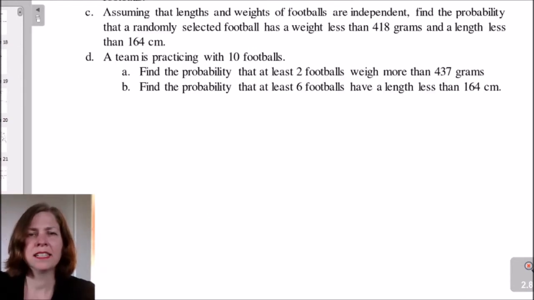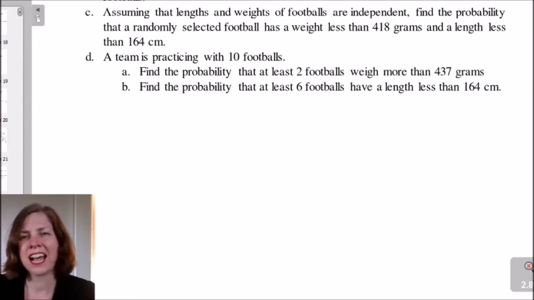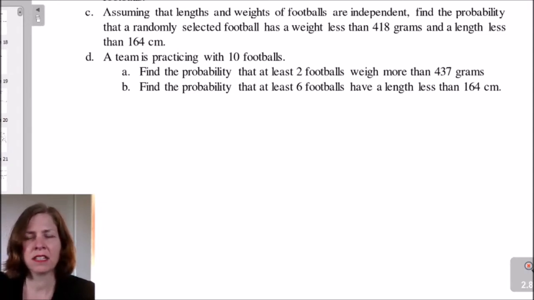Okay, so part C says, assuming that lengths and weights of footballs are independent, find the probability that a randomly selected football has a weight less than 418 grams and a length less than 164 centimeters. So let's look at this.